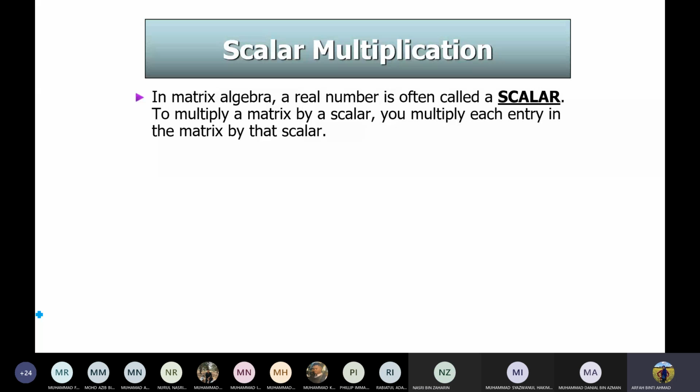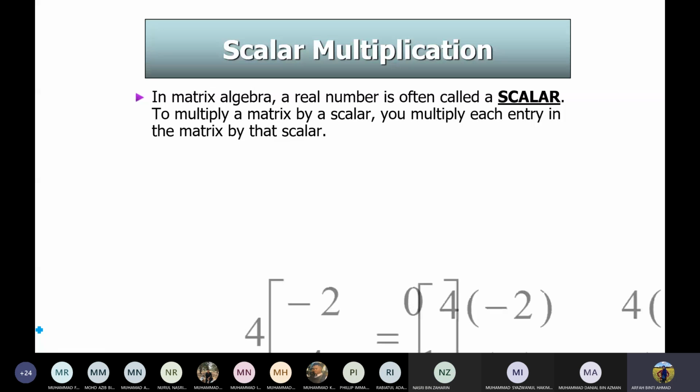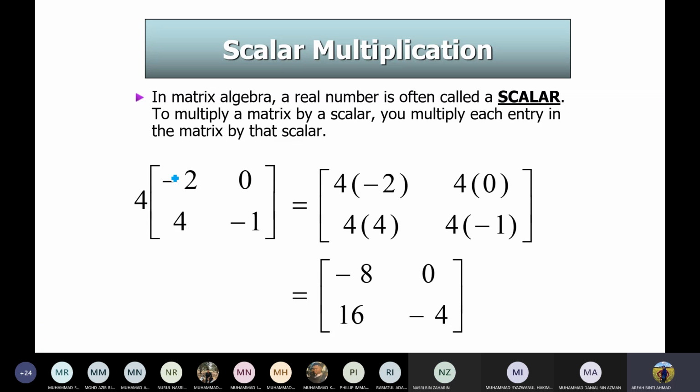To multiply a matrix by a scalar, you multiply each entry in the matrix by that scalar. So, for example, saya ada satu matrix of the order 2 times 2. Dia ada 2 row dan juga 2 baris. Darabkan dengan satu skala. Dalam contoh ni, skala adalah 4. 4 ni adalah nombor skala.